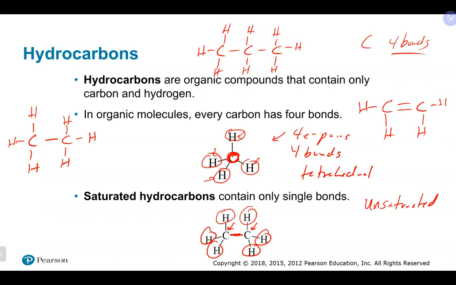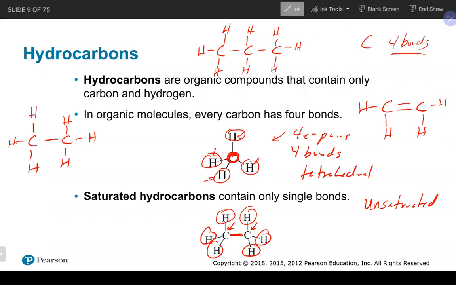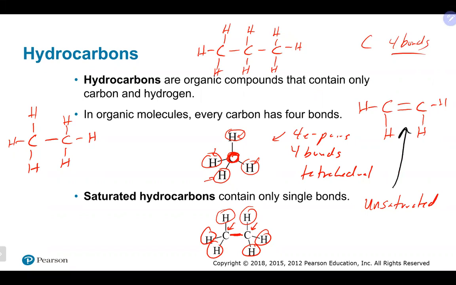And he still has only 4 bonds to each carbon. But because of that double bond, this thing now becomes what is referred to as being unsaturated. It does not have the maximum number of hydrogens that it should, as opposed to this guy, which is saturated.